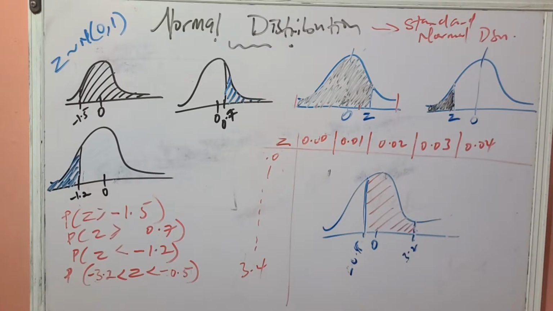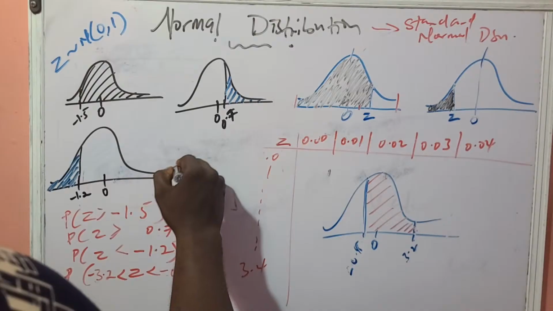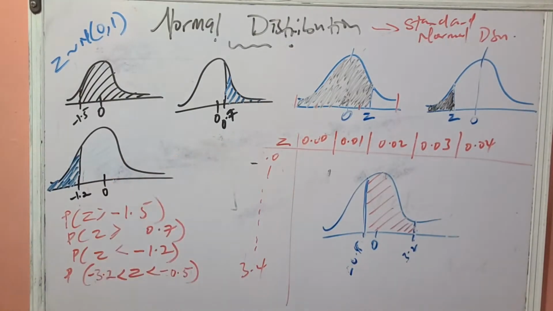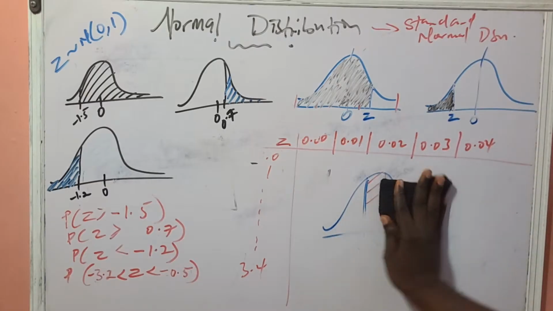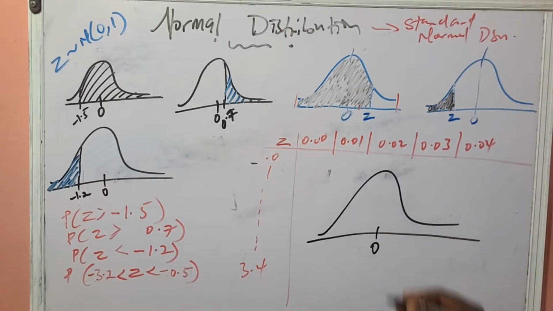All right. And the last but not the least, let me try to manage this space. Okay, this is 0, obviously. Look at what we have here. We have minus 3.2, minus 0.5.